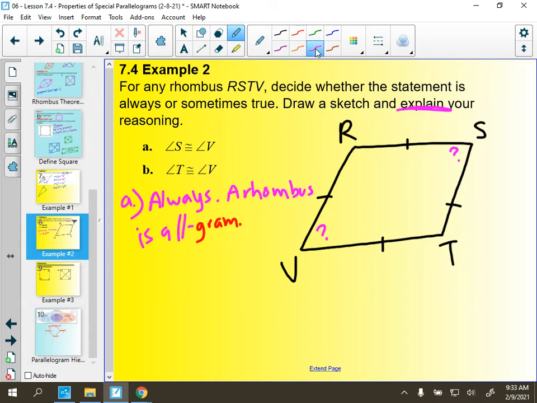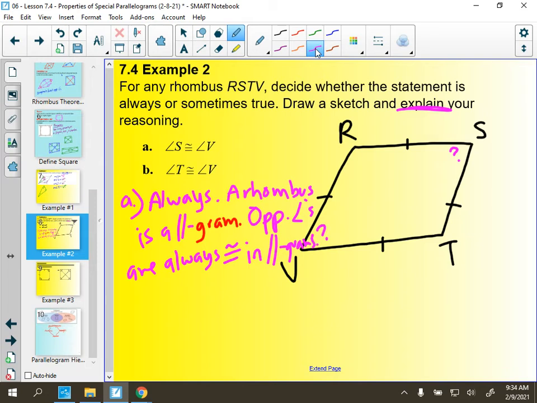A rhombus is a certain type of parallelogram. So this really just goes back to properties of parallelograms, where we said in lesson 7.2 that opposite angles are always congruent in parallelograms.